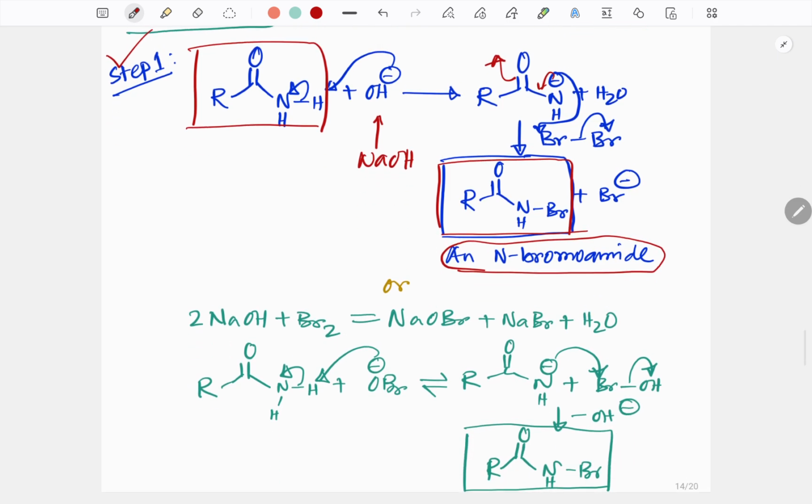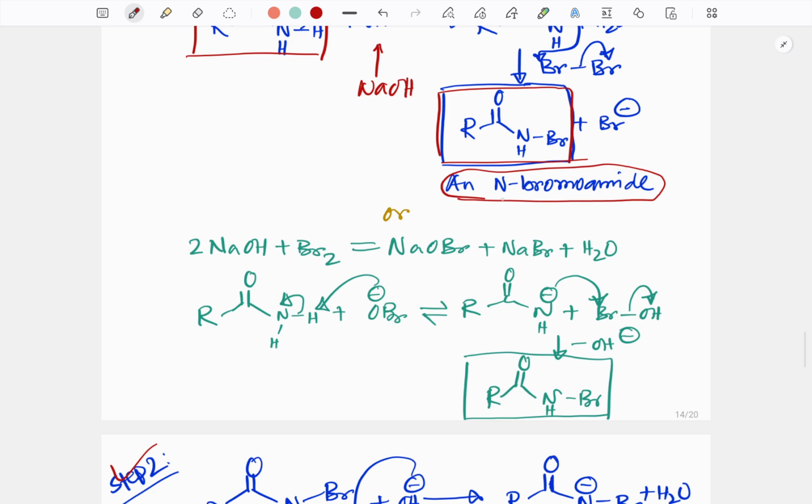Now you can see this N-bromoamide intermediate is also formed by another route.